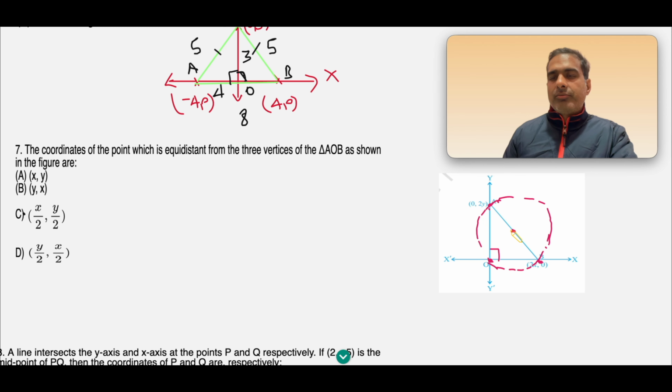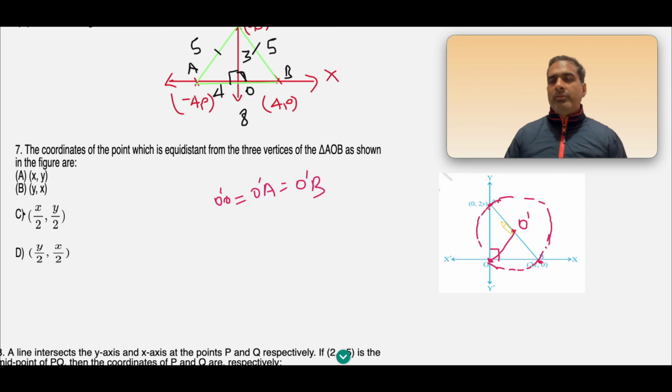and the midpoint of AB, let's denote it by O dash. So O dash A and O dash B will be the radii of the circle, and if we join O dash O, then this is also a radius of the circle. So we can say O dash O will be equal to O dash A will be equal to O dash B. So O dash is a point which is equidistant from all the three vertices, and O dash is the midpoint of AB, and the coordinates of A is 0 comma 2y, B is 2x comma 0.